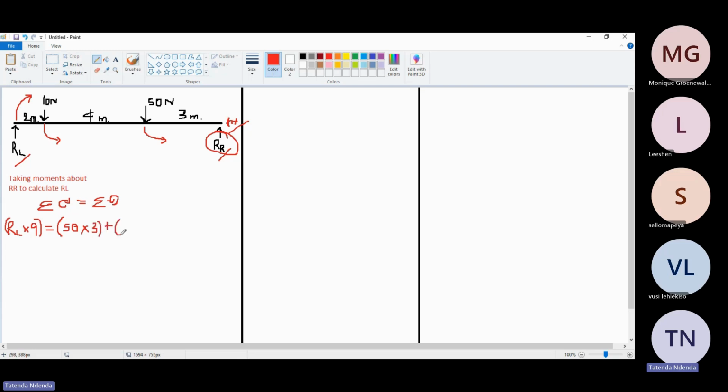plus another one, which is going to be 10 multiplied by what? 10 multiplied by 4 plus 3. So from the 10 until we get to the fulcrum, we have this 4 that you're having here plus the 3.